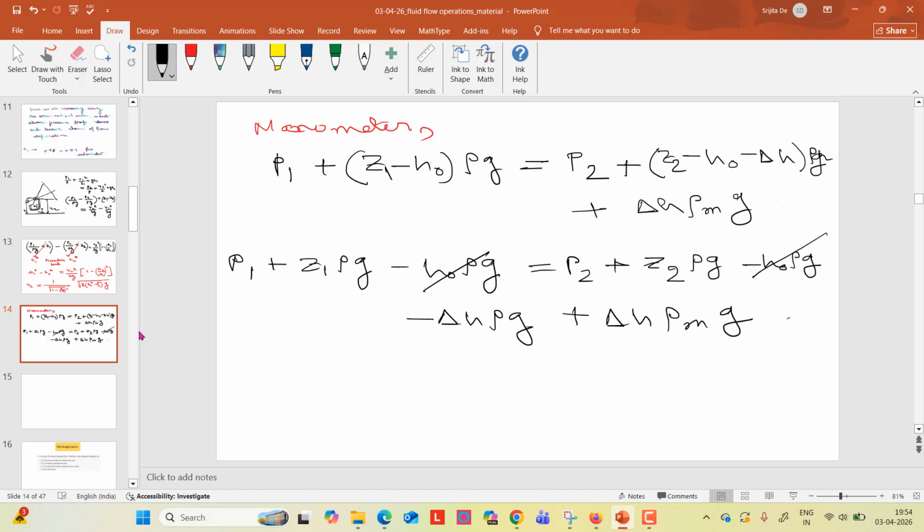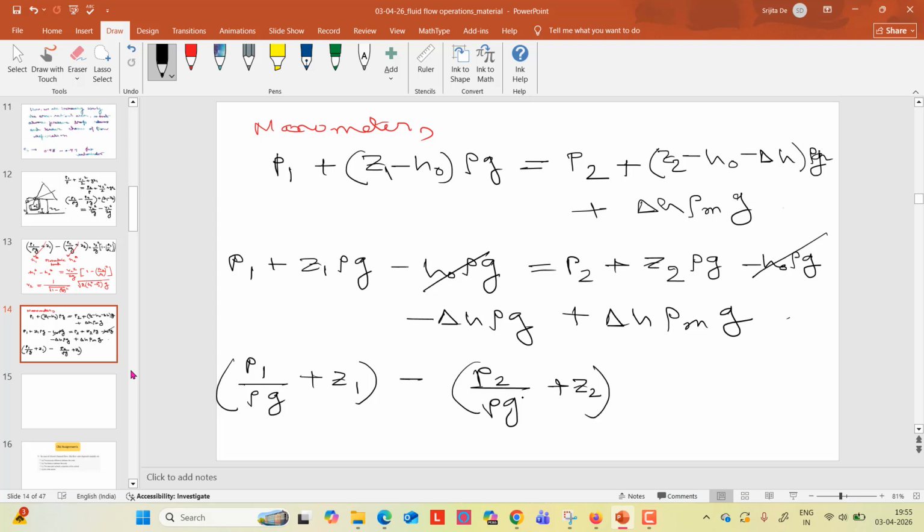What is left is P1 by rho G plus Z1. Now if you bring back the right hand side, minus P2 by rho G plus Z2 equals delta H rho M minus rho into G by rho G, right? If you simplify, you can get it.